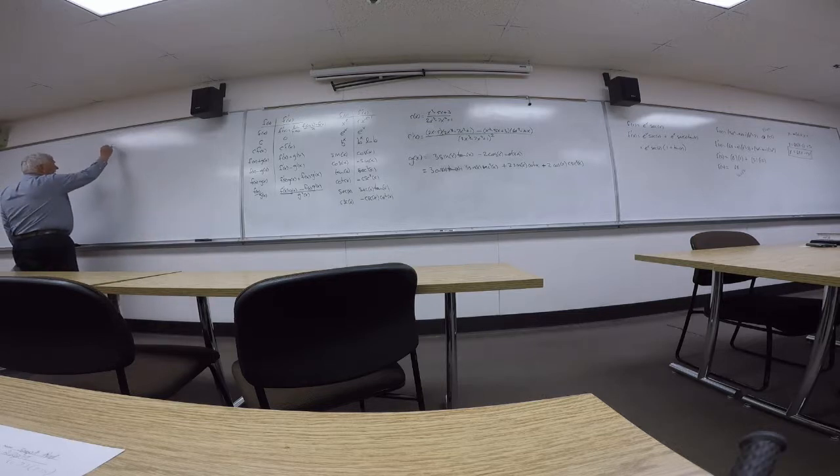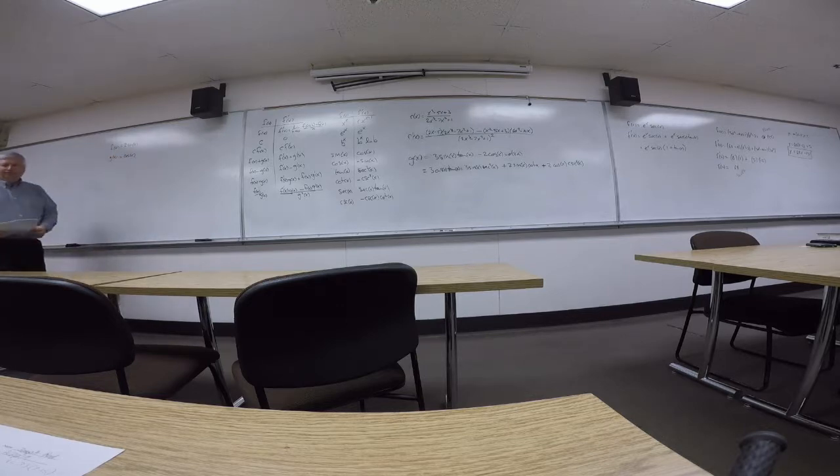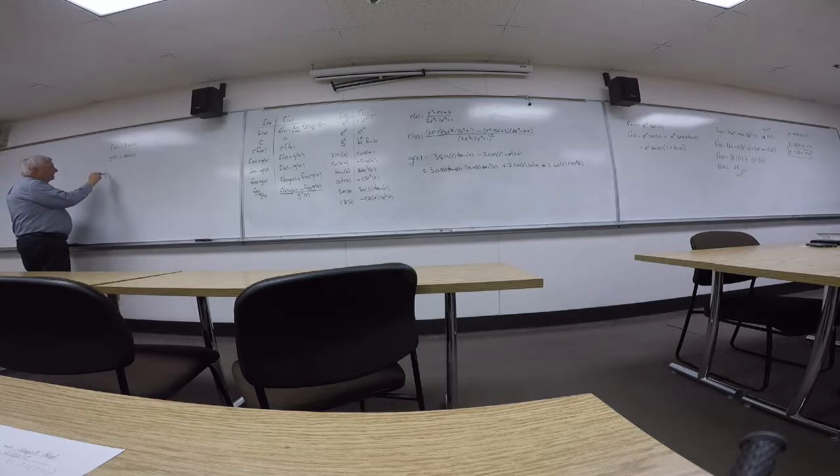We start with f of x and g of x. Let's see, f of x is twice the sine of x. G of x is the cosine of x. Derivatives. F prime of x is twice the cosine of x.